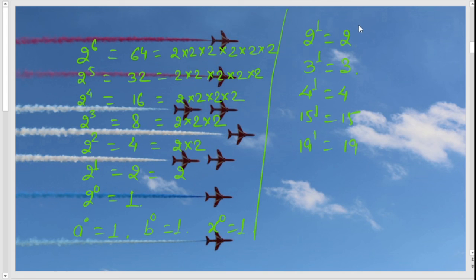With these examples, we came to know any number with exponent 1 remains the same number, where the base remains the same. 4, 15, 19.